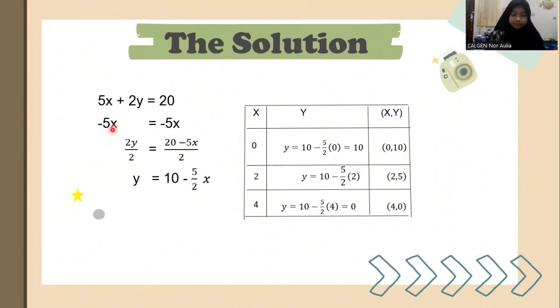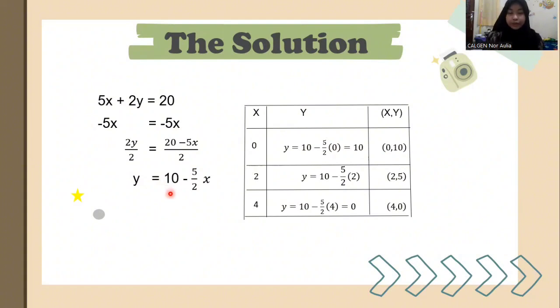We can move the 5x to the right, and so we can find that y equals 10 minus 5 over 2 x.